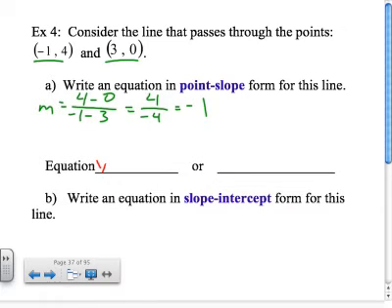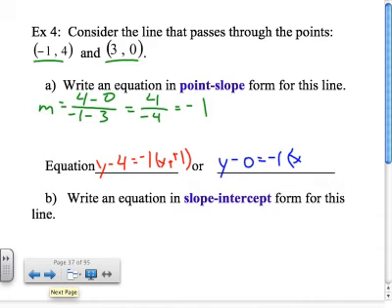You could do y minus 4 equals -1 times x minus -1, or you could write it as y minus 0 equals -1 times x minus 3. Either one of those is going to give you the same exact line. It's not going to matter.